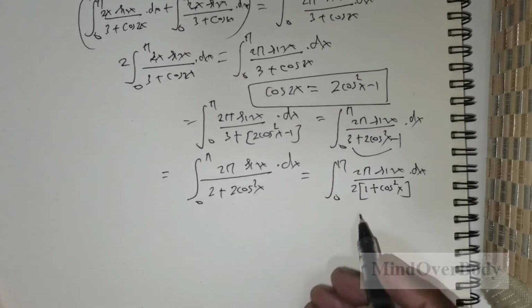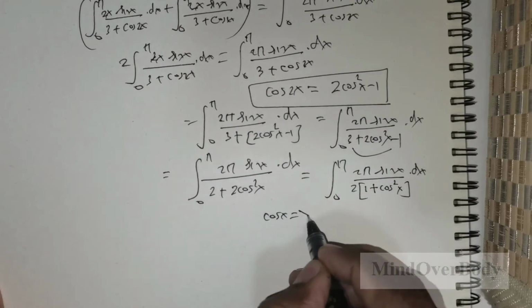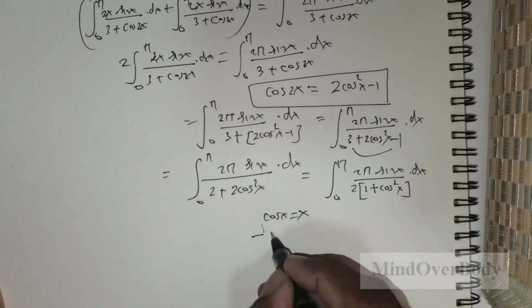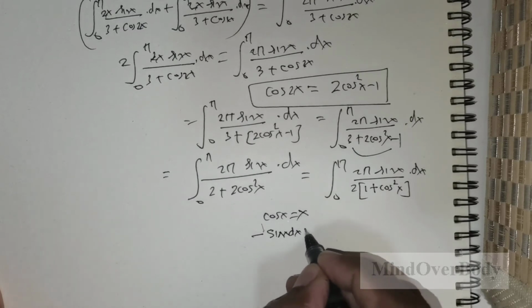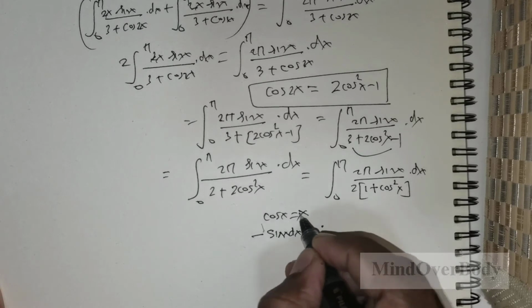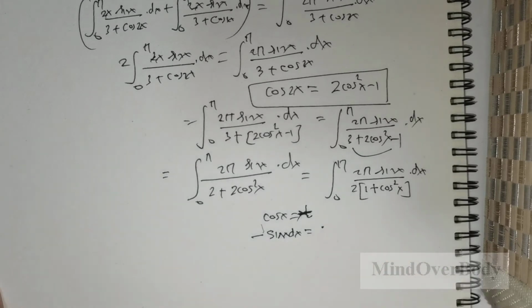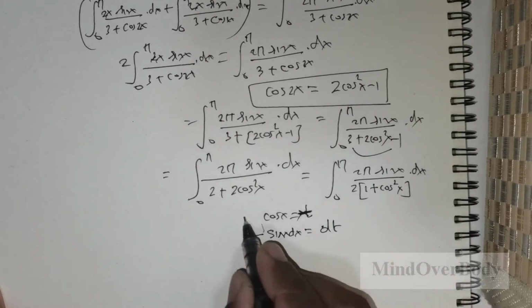Now, if I were to take cos x to be t, differentiation of this would give me negative sine x times dx is equal to dt.